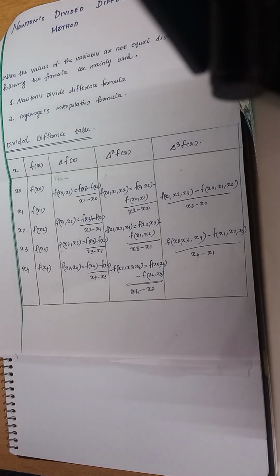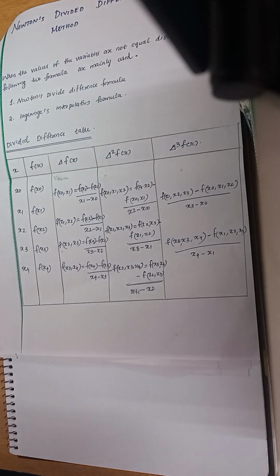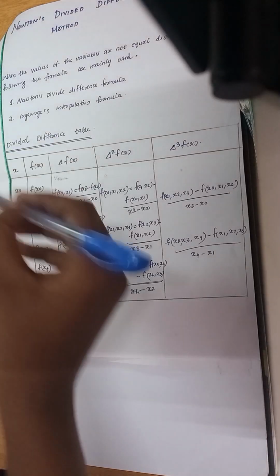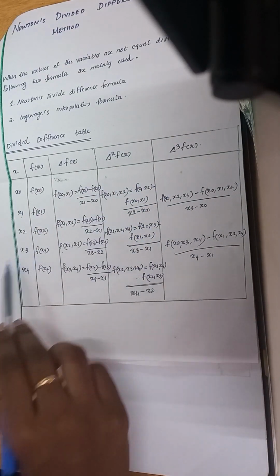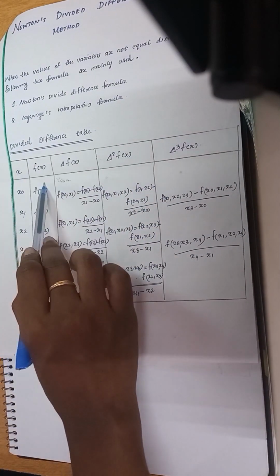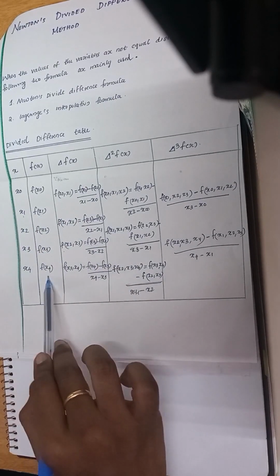For solving the problems, now we can find the divided difference table, or we can check how to form a divided difference table. First of all, we can write the x values, that is x0, x1, x2, x3, x4, and corresponding f of x, that is f of x0, f of x1, x2, x3, x4.